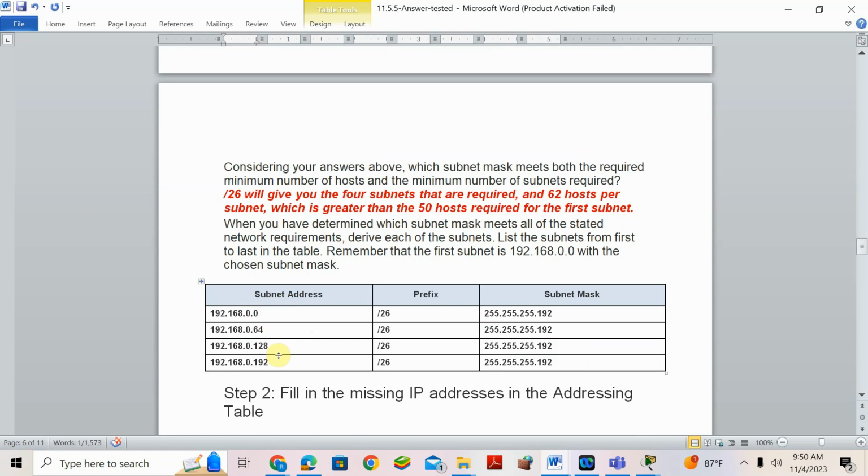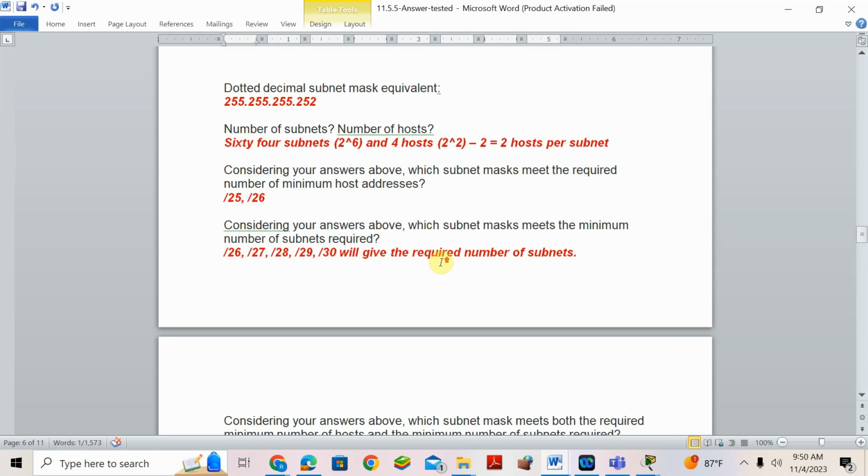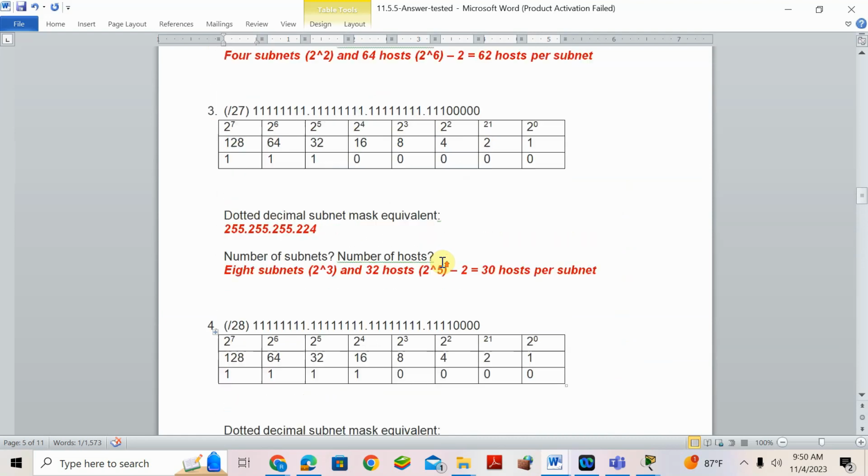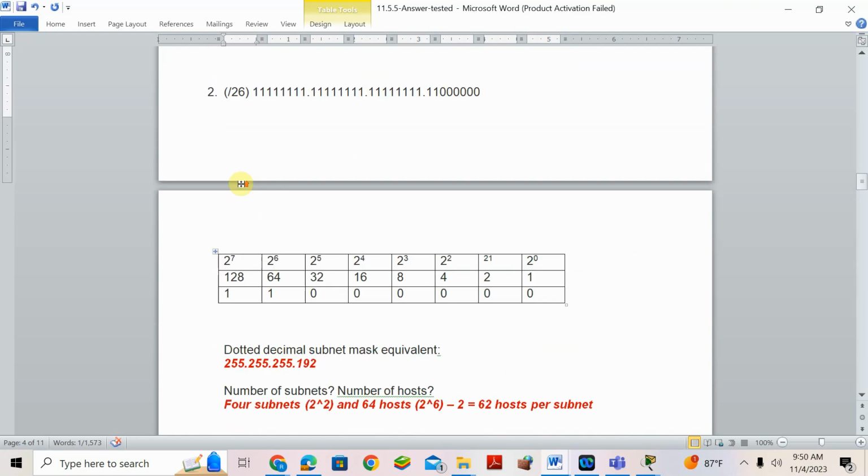How do you write it? The first one will be the question itself, 192.168.0.0/26. Okay, the known subnet mask is /26. Now what about the next one? How do we get the 64? In this we are taking /26, right? In the /26, what is the last 1's corresponding decimal value?